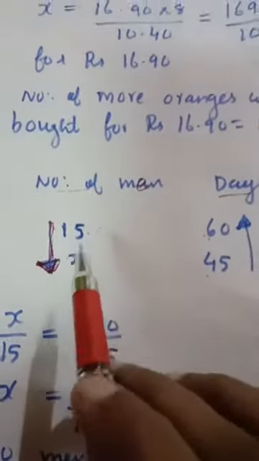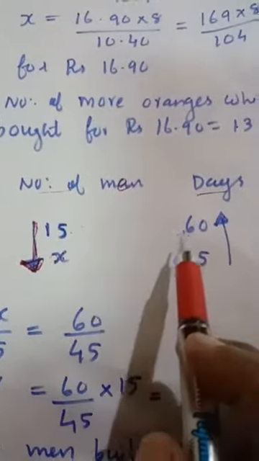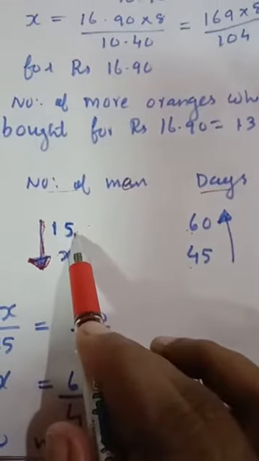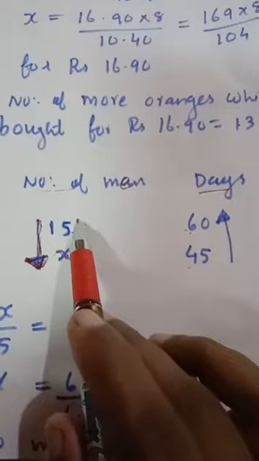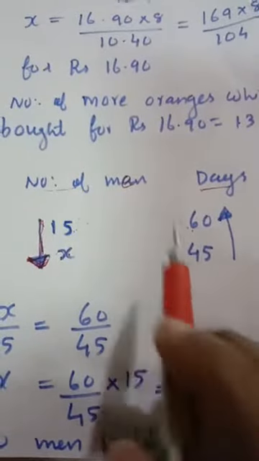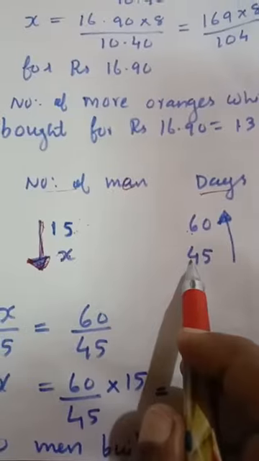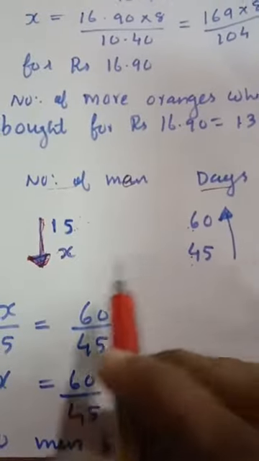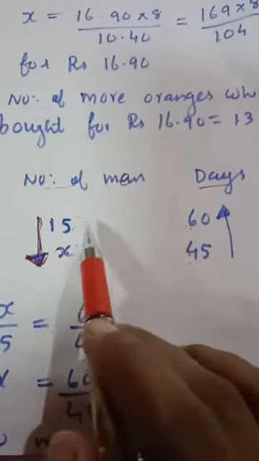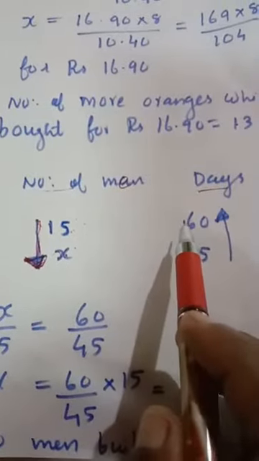Now compare. If the number of men and days, if 60 men are there, the work is completed within 15 days. More men, fewer days. Or more days, fewer men. And for 45 days, we have to complete the work in 45 days, fewer days. More men are needed. Okay, already we discussed this type of question.